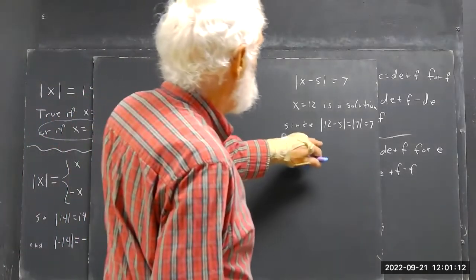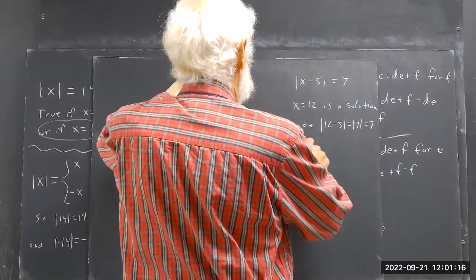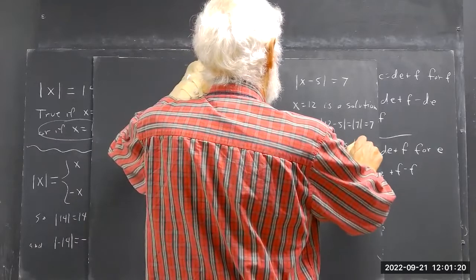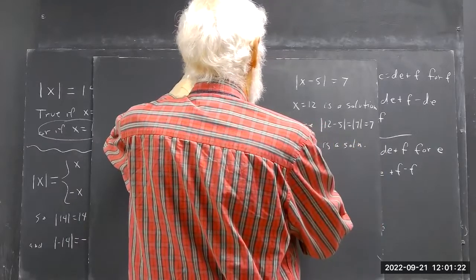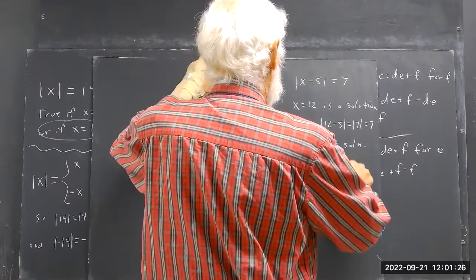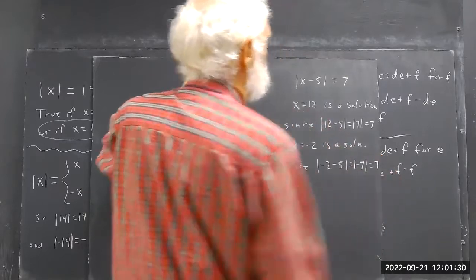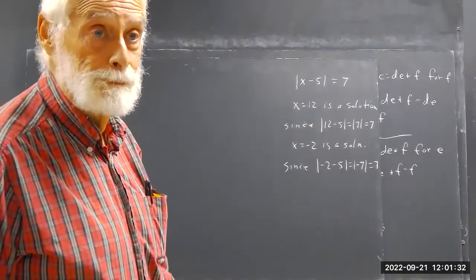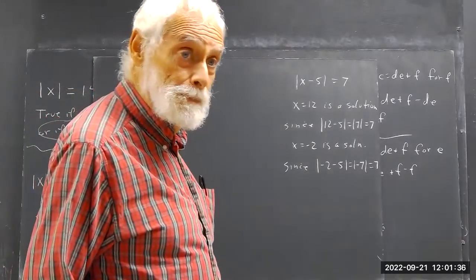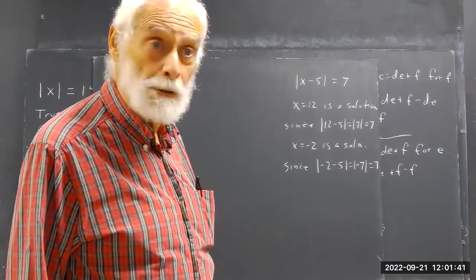Well, negative 2. Now, the way you would reason that out, I mean, you could try all the numbers from negative 1,000 to 1,000, see which ones work.